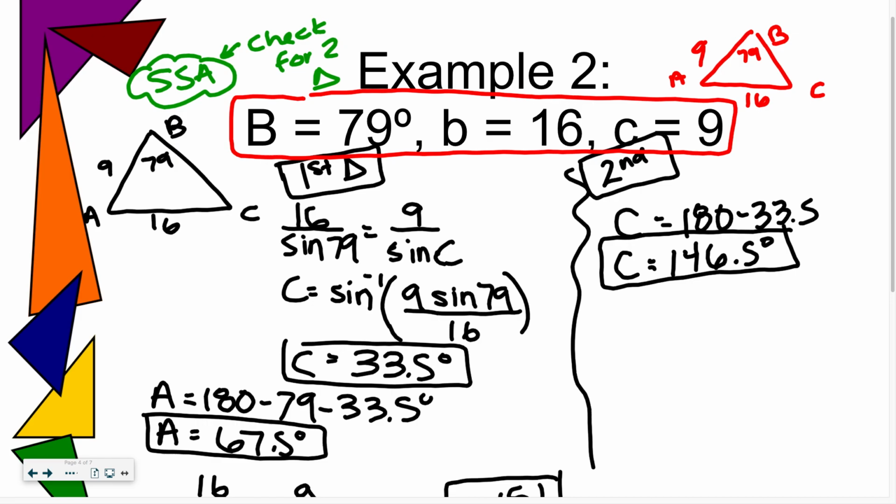But if those are the three given pieces of information, by law of sines, the only thing you can solve for is angle C, because you have the B across from side B, and then you have side C.